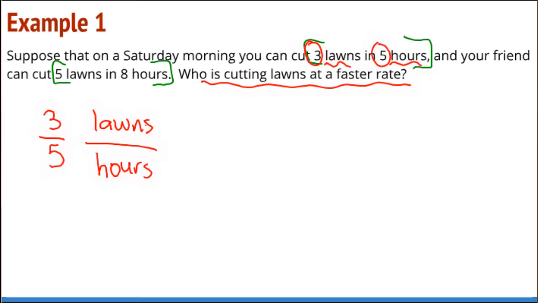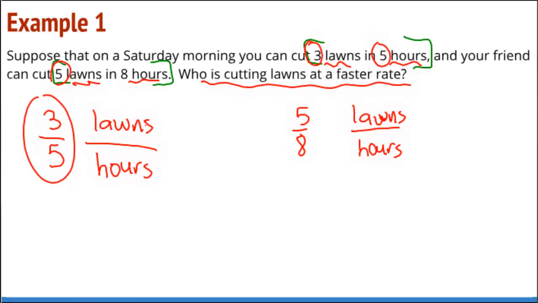And in the second one, I have 5/8, and I have lawns per hour. And within each of these, I then have some kind of ratio, 3 to 5 and 5 to 8.